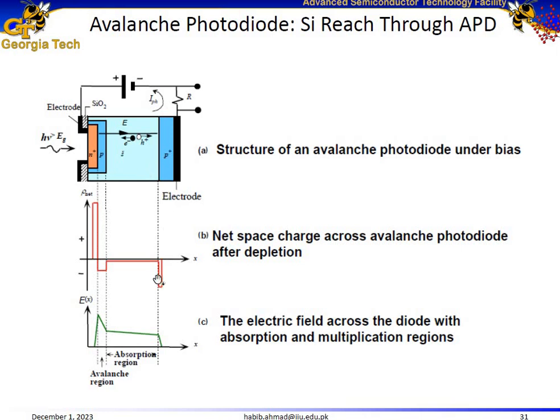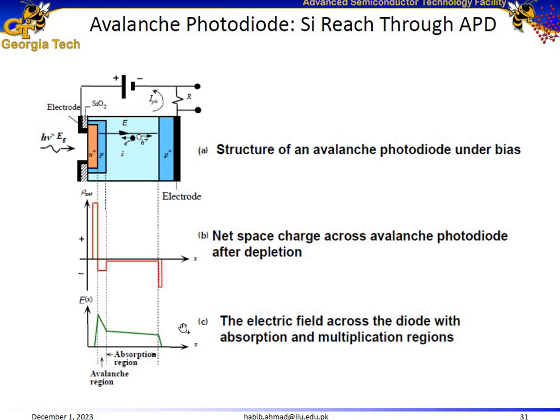And then we have uncovered charges in this P plus region as well. Because of these uncovered charges, the magnitude of the electric field will start increasing. It pretty much stays the same inside the I layer, and then it is the maximum at this PN junction. Because of this maximum electric field, the knocking off of the electrons occurs in this region. The avalanche process actually occurs in this region.